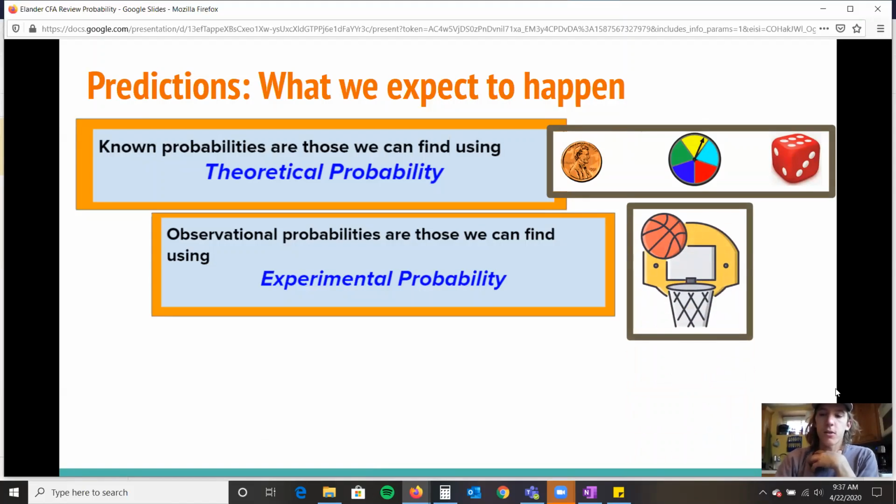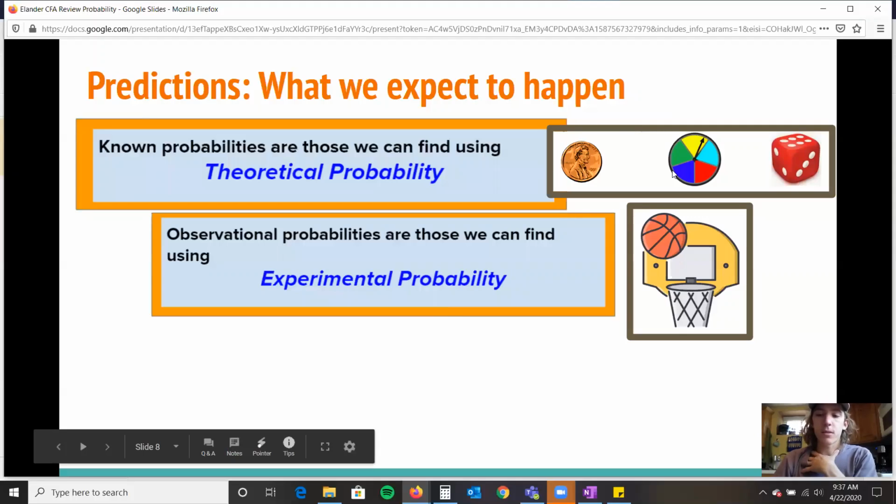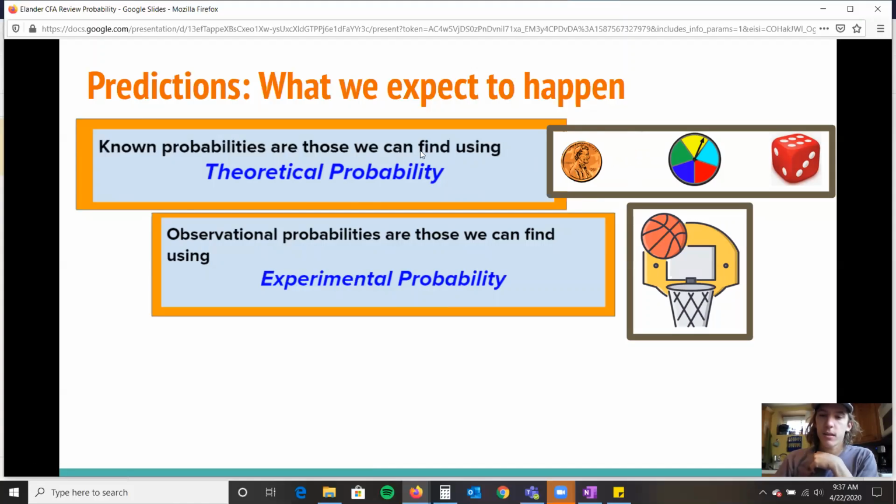Okay, so basically this goes back to what we said when we first talked about predictions, and we said that not everything can be experimental and not everything can be theoretical. So for example, we can't get the theoretical probability of, I don't know, putting a person on Mars, per se, because that's not possible yet.